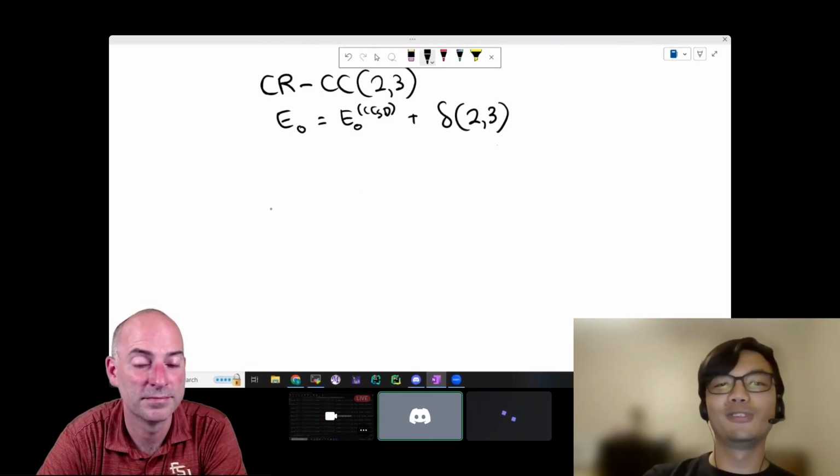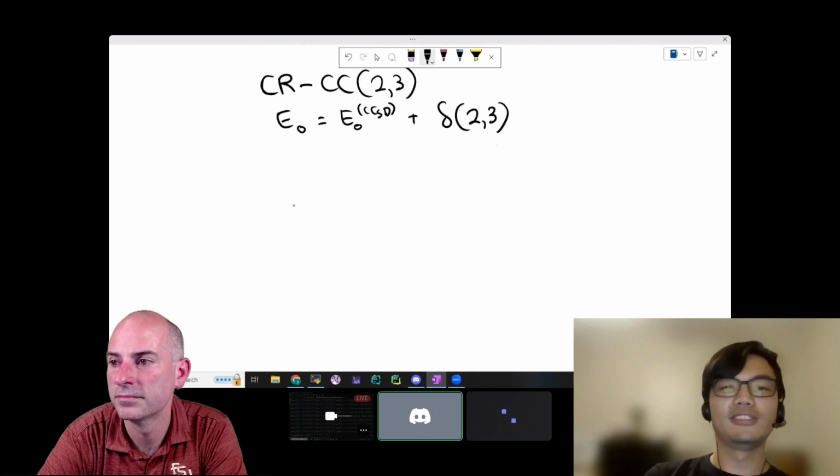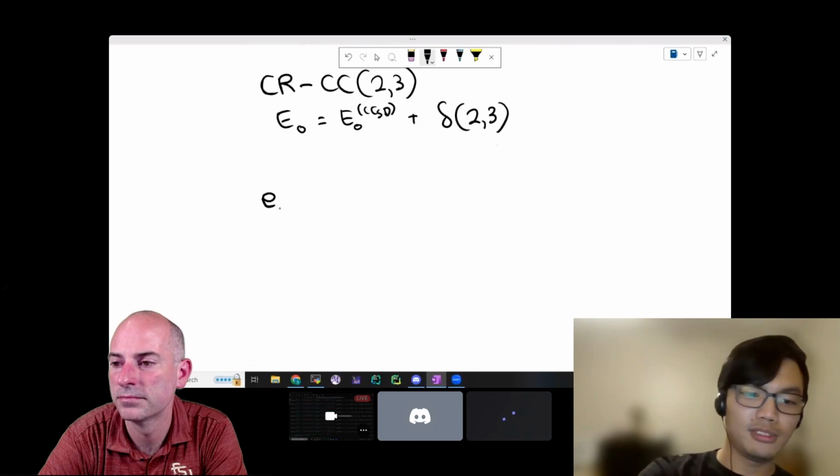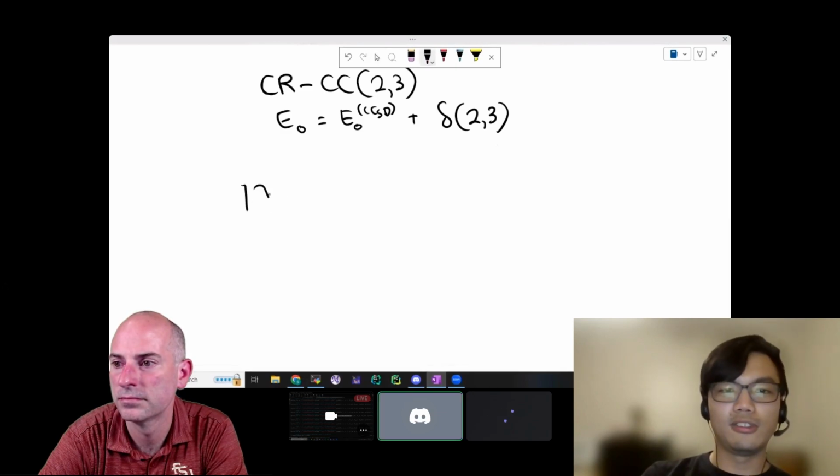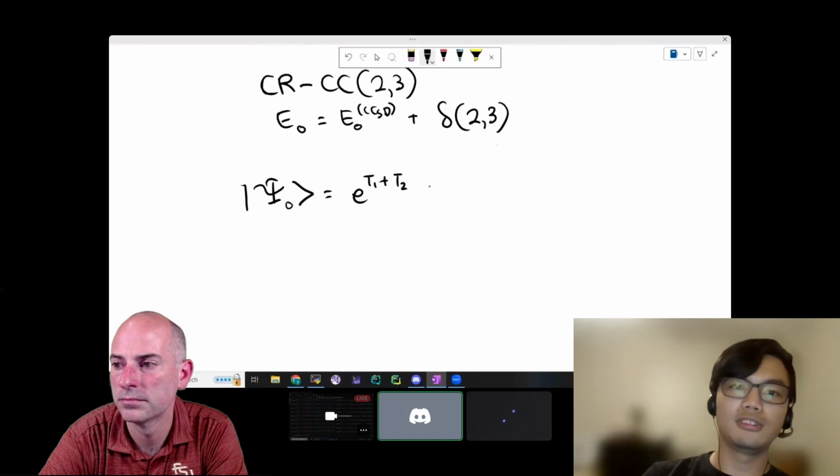So before we do that, let's think about how we are actually solving for CCSD energies. In CCSD, your ground state wave function is e to the T1 plus T2 acting on a reference.